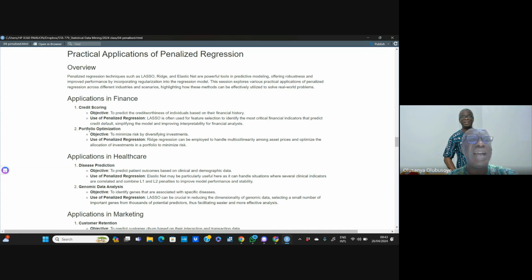It can also be applied in portfolio optimization, where you want to minimize risk by diversifying your investments. So you'll be able to determine the best subset of assets that you should consider to be able to minimize your risk.